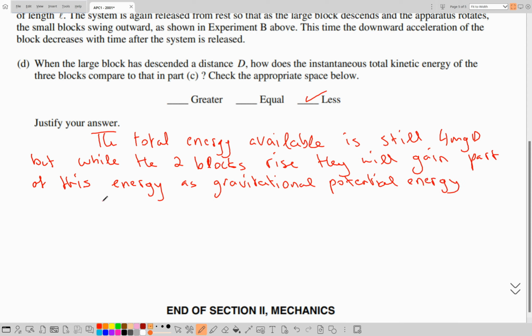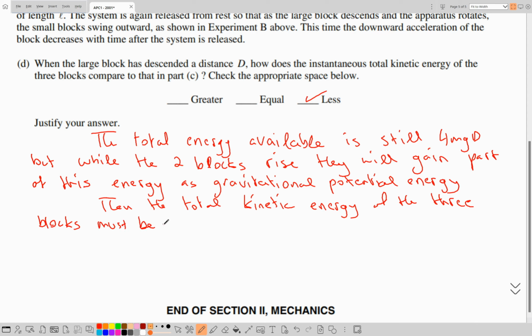Then the total kinetic energy of the three blocks must be less than that of part C.